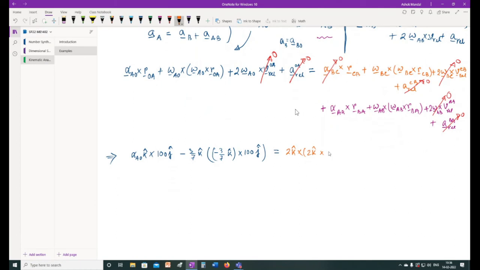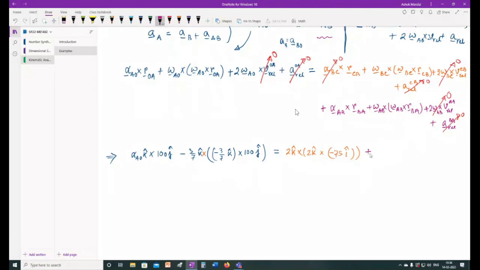What was RB? Minus 75i. Okay, sir. On the left hand side, the second term is a cross product. These are the things where we must not make any mistake.